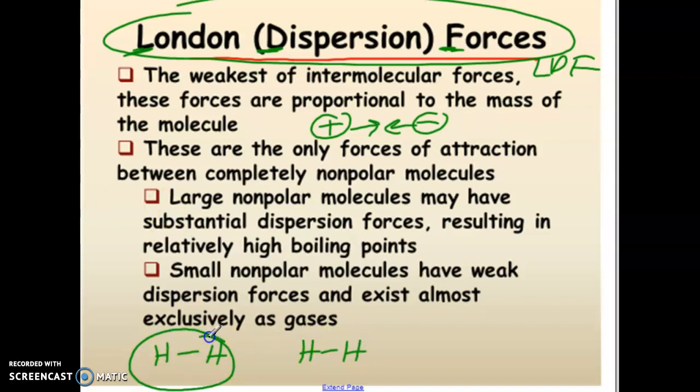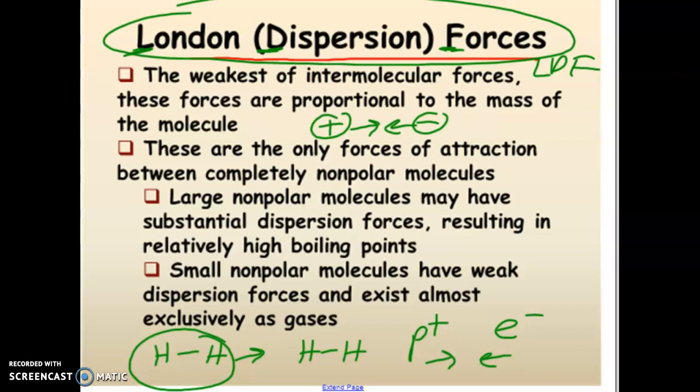The protons inside the atom nuclei of one molecule will attract the electrons in the atom of the nearby molecule. So basically, protons and electrons will attract each other from nearby neighboring molecules.